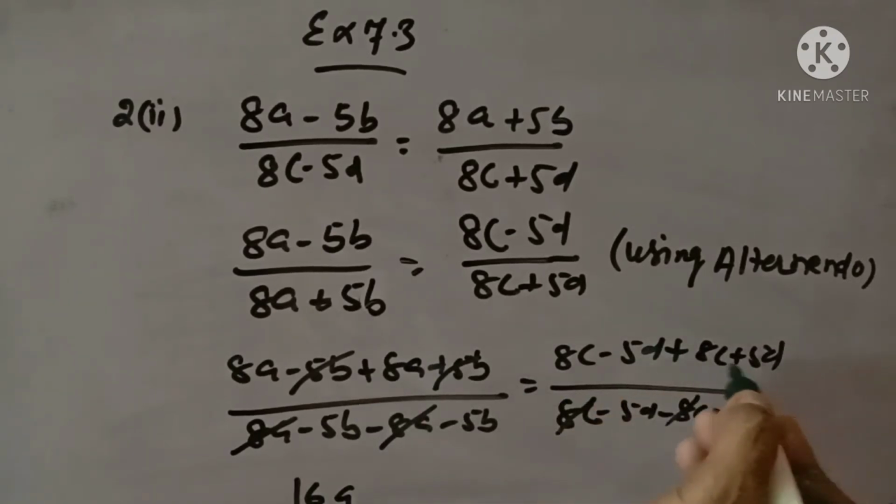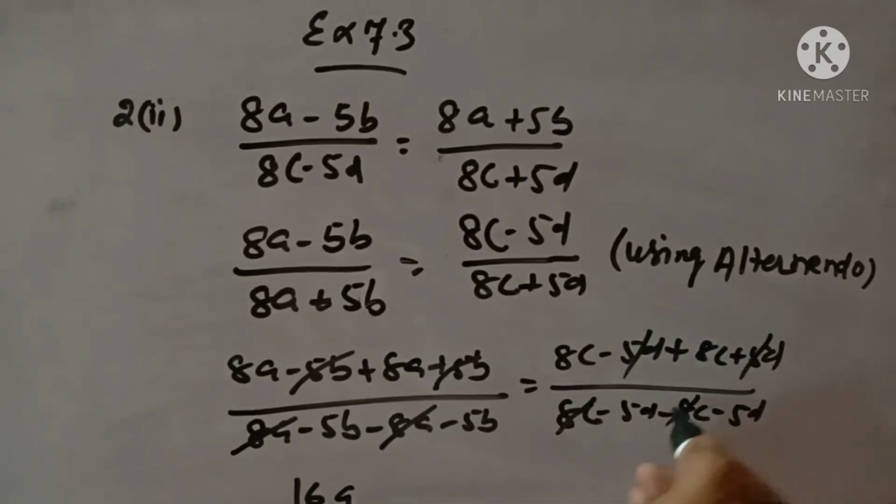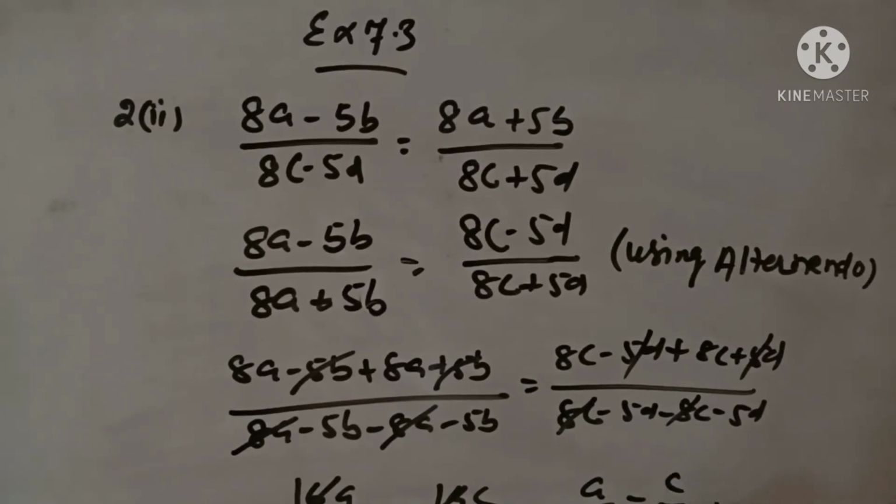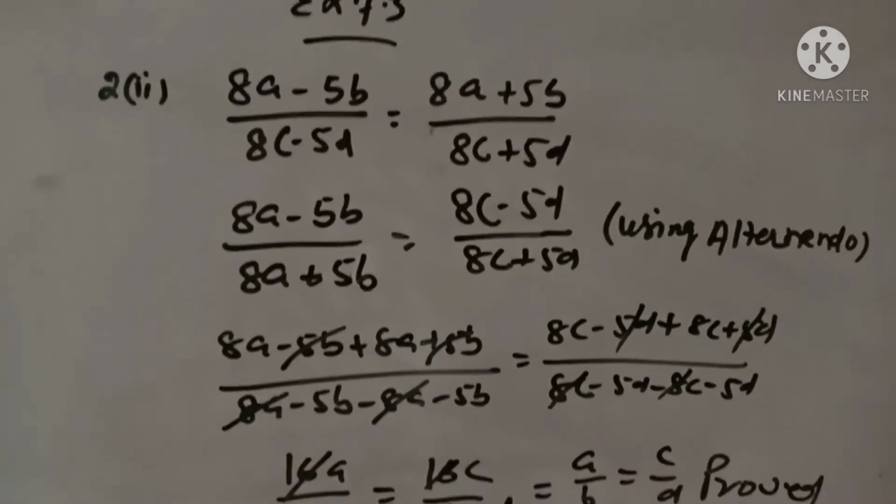Here the terms we can cancel are plus 5d and minus 5d. Now 16c by minus 10d. Now 16 by 10 we can cancel. So our remaining term is a by b is equal to c by d. Proved. Write down.